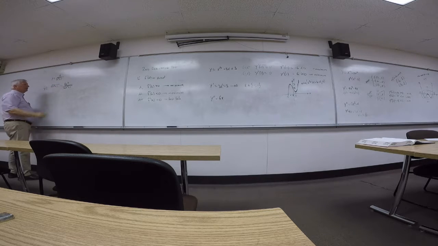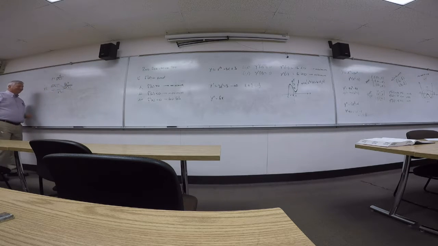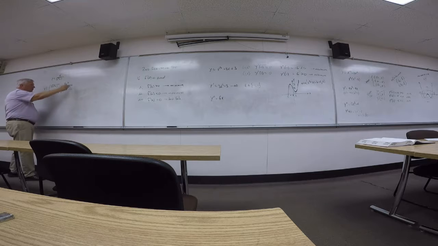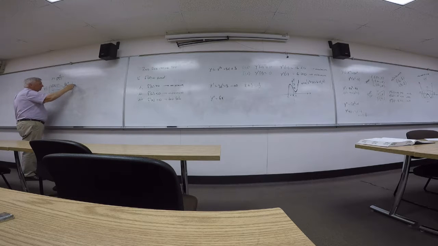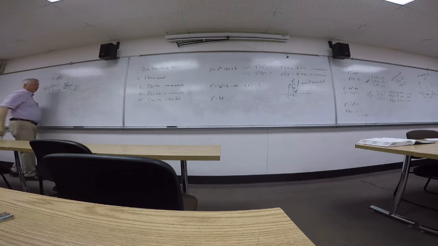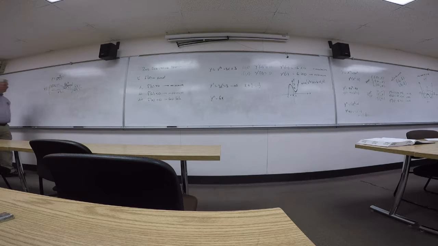Minus, divided by the square root of x squared plus 1, squared. I think if I multiply through by a well-chosen 1, it simplifies a little.